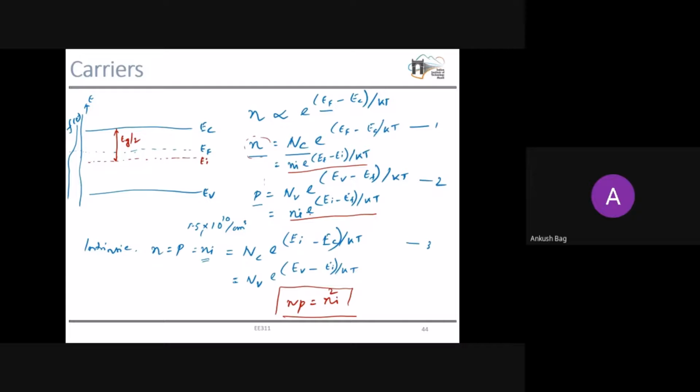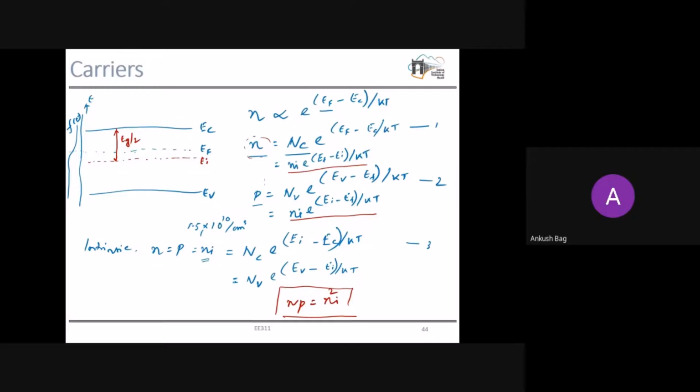And remember, these carrier concentrations have exponential dependence, so with a slight change in the difference between the Fermi level and the intrinsic level, there will be a large change in the carrier concentration. Another thing you can easily understand from here is that the higher the difference between EF and EI, the higher your electron concentration will be.